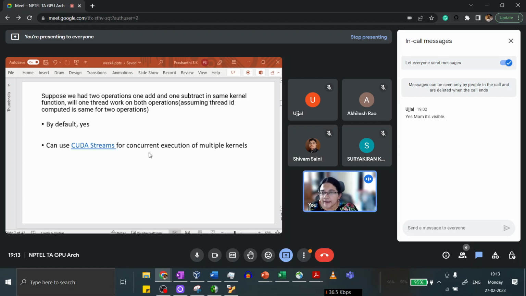But if you think you want to execute multiple kernels concurrently, then you simply write them as multiple kernels and make sure that they go to different streams. So if I have one kernel defined for stream 1 and another kernel defined for stream 2, then it is possible that both of them execute concurrently.